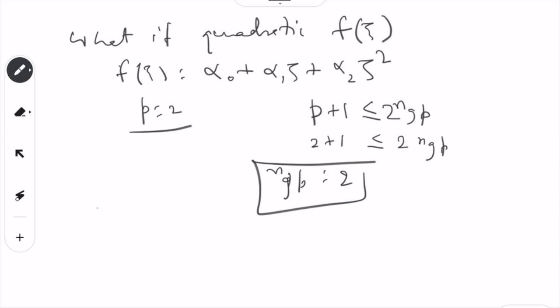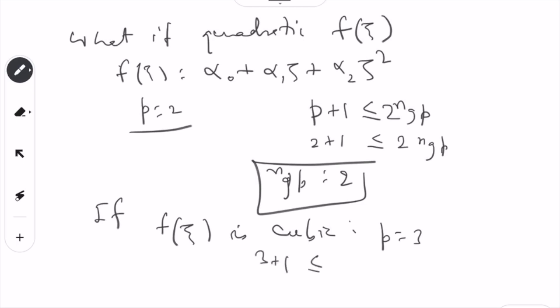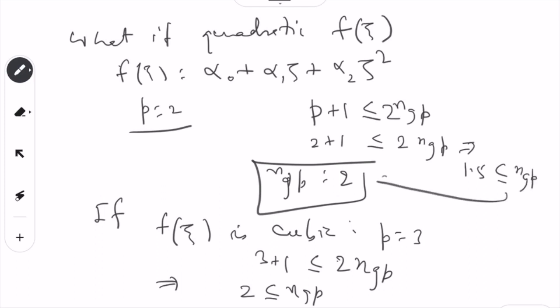Similarly, if f(xi) is cubic, then what happens? Then p equal to 3, and then you have 3 plus 1 less than or equal to 2 NGP, and hence it tells that NGP has to be at least 1.5, and hence this tells NGP has to be 2.